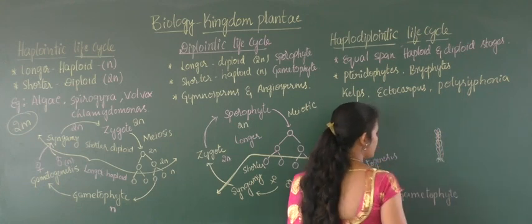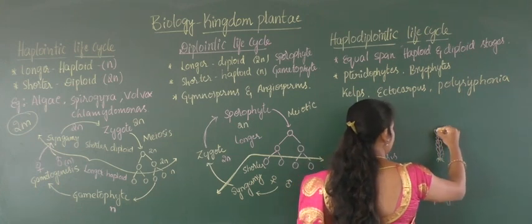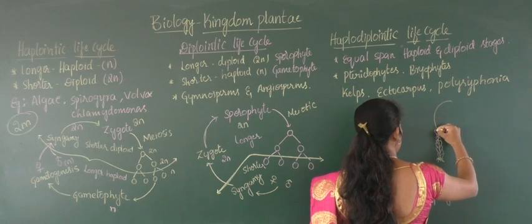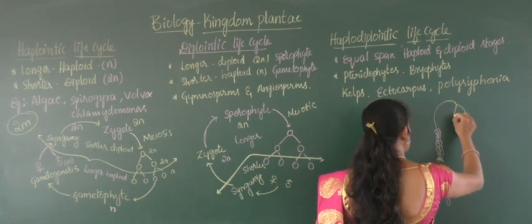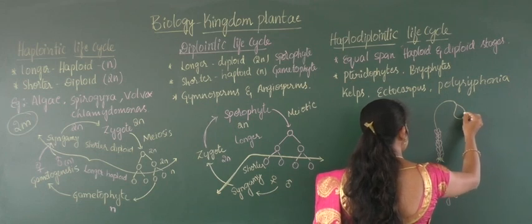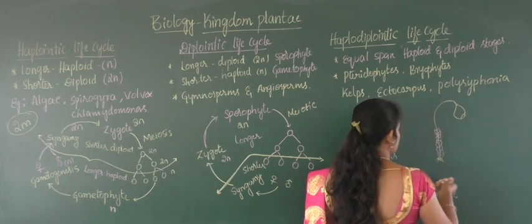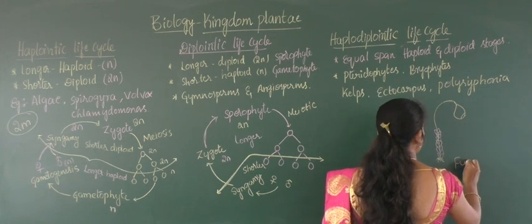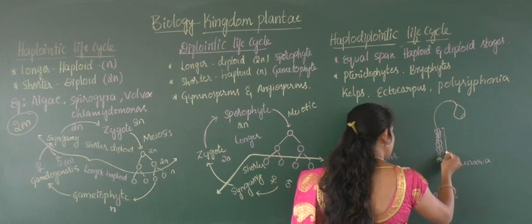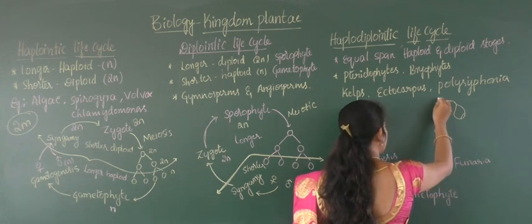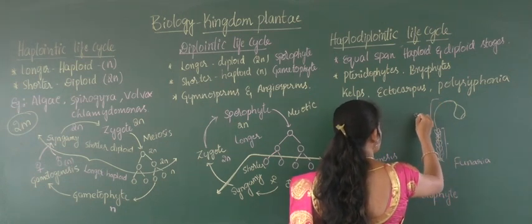This was written earlier, and later there is a sporophytic plant body, which will give rise to a sporophyte. So this is an example of Funaria structure. In this Funaria, this will be the gametophytic part of the plant body, and this will be the sporophytic part.